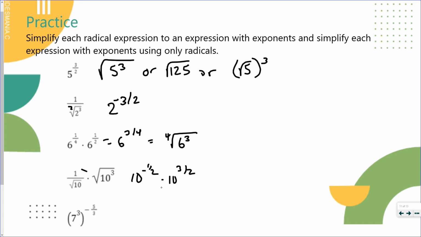So same bases, let's add the exponents. Negative 1 half plus 3 halves. What is that? That is 2 halves, or 1. So 10 to the 1. That's the expression. It's a messy looking expression, but it's equal to 10.